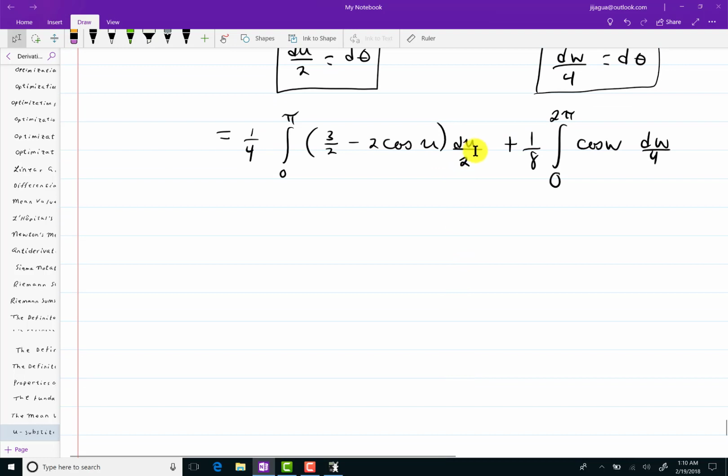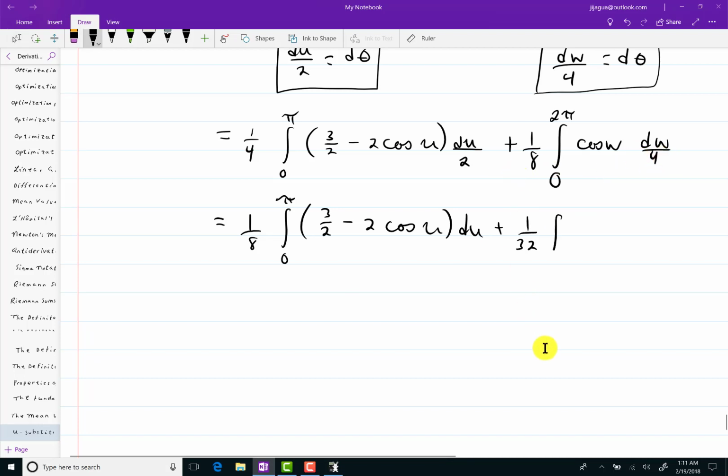So I'll take this 1/2 and bring it out front. I'll get 1/8, the integral from 0 to pi, 3/2 minus 2 cosine of u du, plus, and over here I'll do the same thing. I'll take the 4 and bring it out there. 1 over 32, the integral from 0 to 2 pi, cosine of w dw.